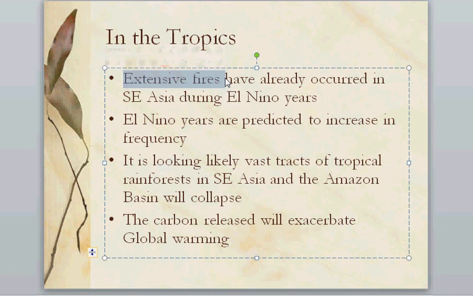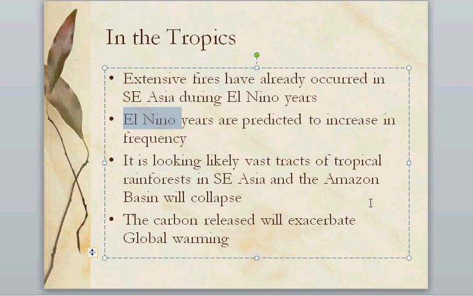So it's already looking at vast tracts of tropical rainforests in Southeast Asia and the Amazon basin may collapse because they're no longer pumping water into the atmosphere, there's less rainfall, and there's therefore much more chance of fire passing through that ecosystem. With increased fire, there's going to be more carbon released into the atmosphere.